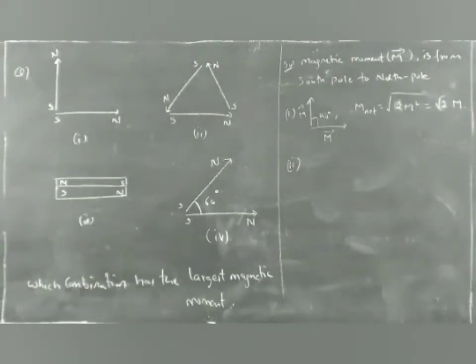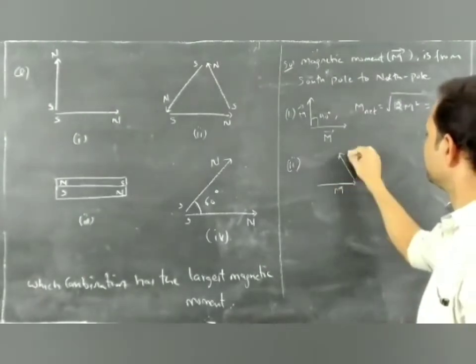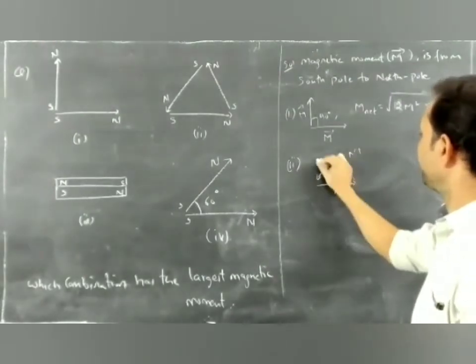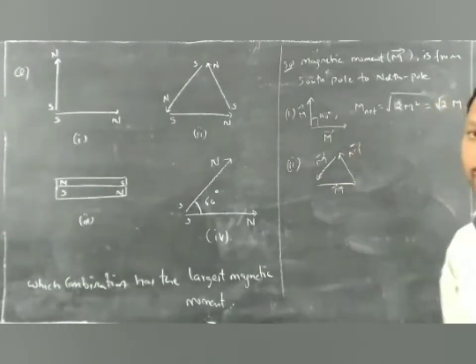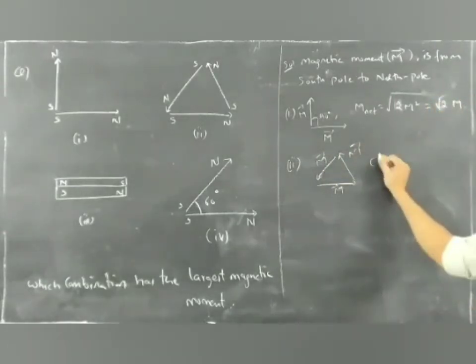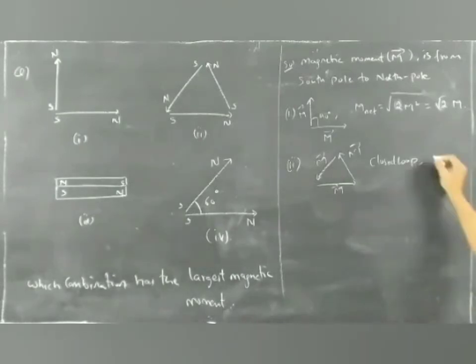What about the magnetic moment of the second combination? So this is m and this is m and this is also m here. Now here this is a closed loop, right? So in a closed loop, according to the laws of vector addition, the net magnetic moment of this combination will be 0.